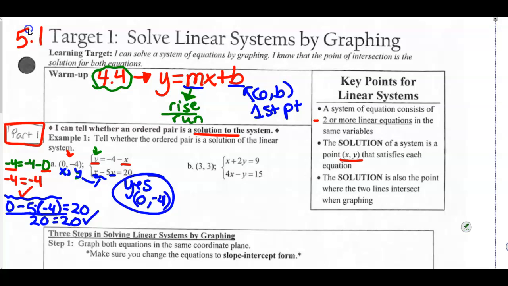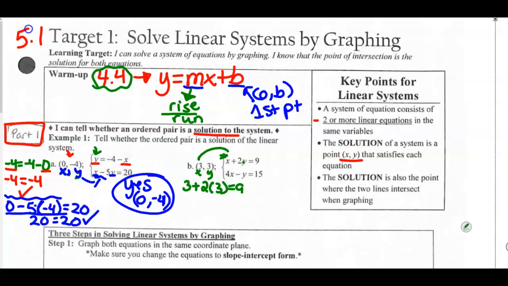So you will go for this second one. This is your x and your y. You're going to do the same thing. You're going to plug in your x and your y into each equation and check to see if these work. So I'll do this here. I'm going to use the first equation here in green. So I'm going to have 3, that's x, plus 2 times y. So 2 times my y is also 3, equals 9.